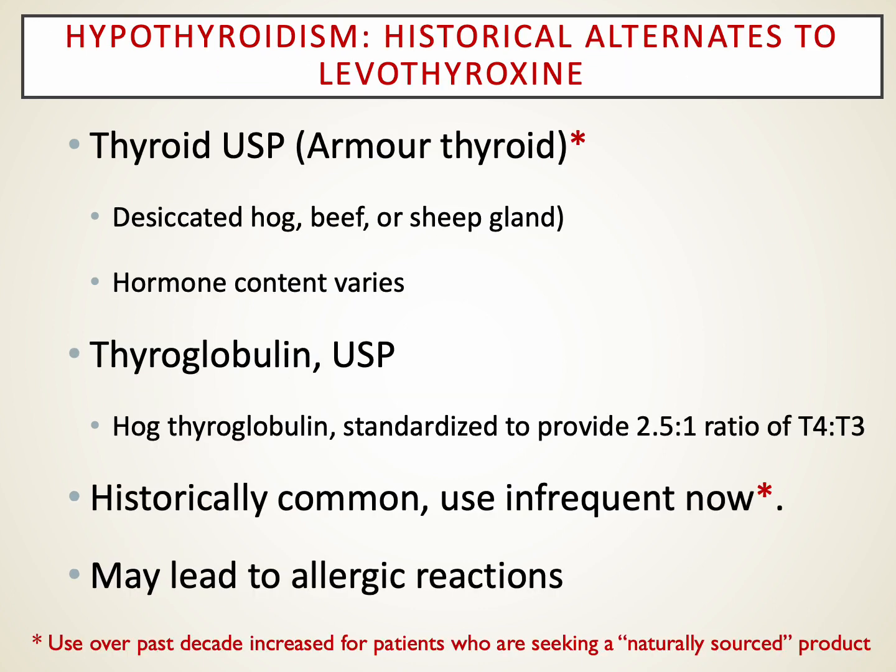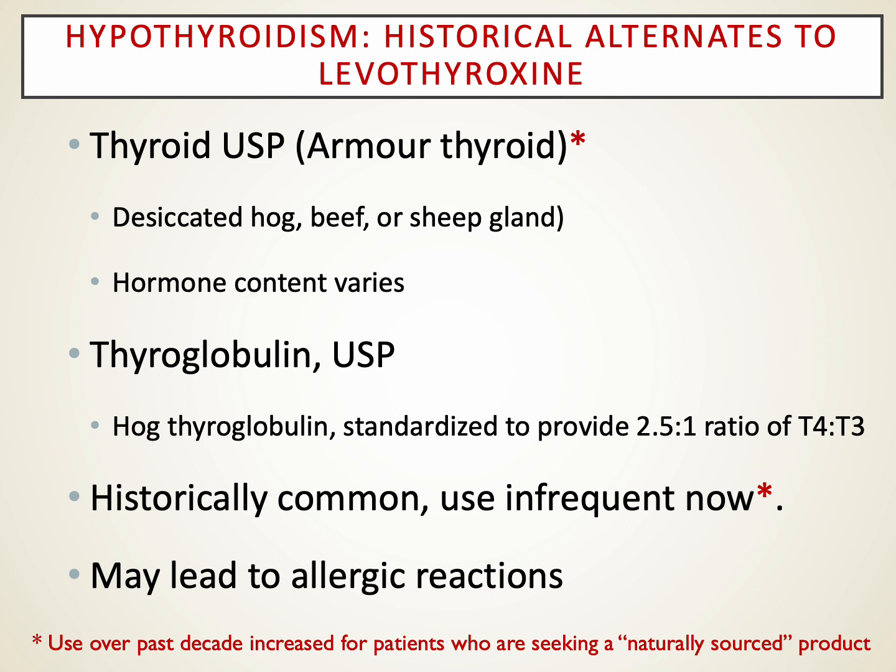Other historical alternatives, and you'll sometimes see patients use some of these, particularly thyroid USP, or what used to be called Armour thyroid. This is a naturally sourced product derived from hog, beef, or sheep thyroid gland. The hormone content varies, but where I've seen patients use this product is typically if they really want a non-synthetic, natural product.